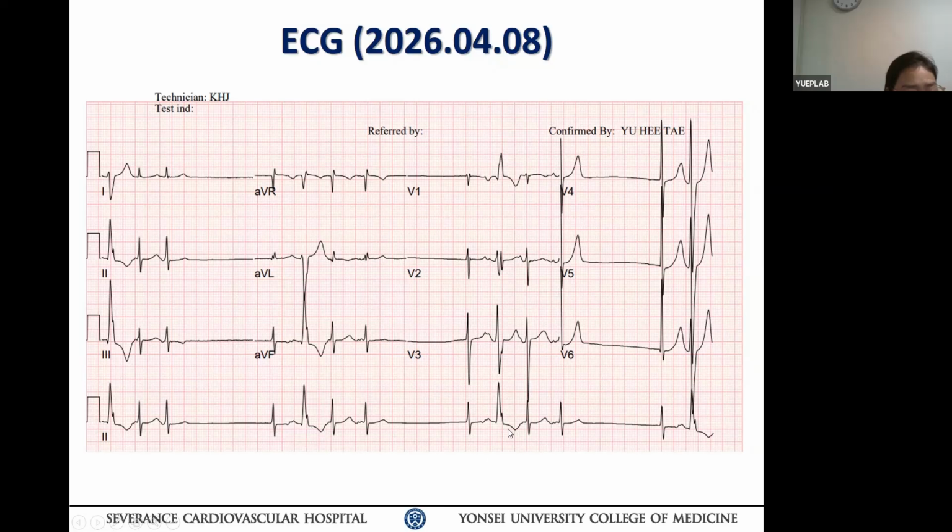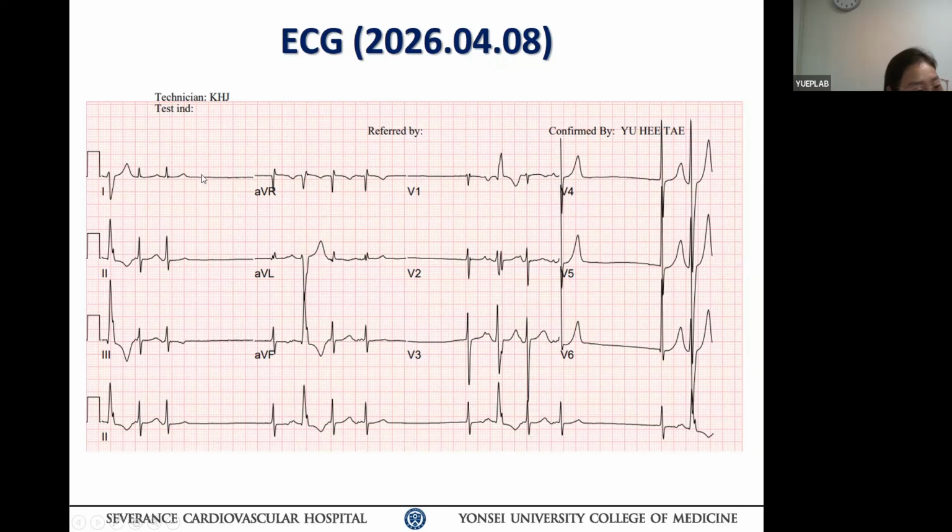And how about the next beat? Still there is some notch, right? So this means it is the same P wave or another atrial activity. There is a conducted QRS, and the other one also shows a conducted QRS. So I think this patient has significant sinus node dysfunction, and probably some associated atrial arrhythmia, even though it is an escape beat.